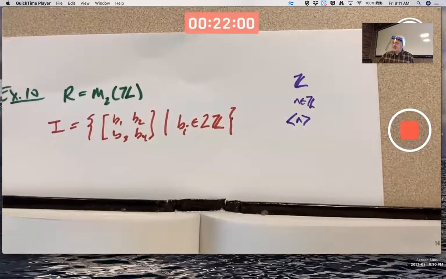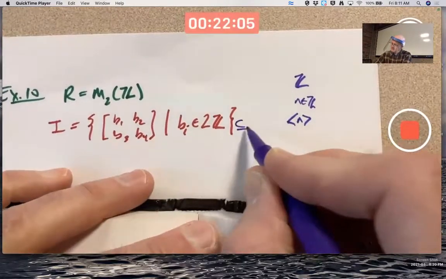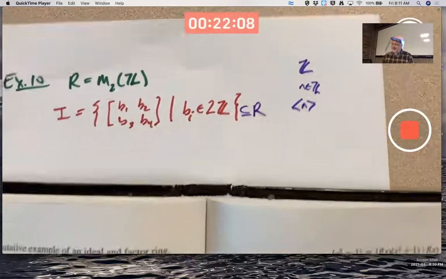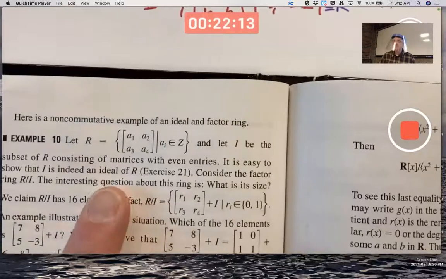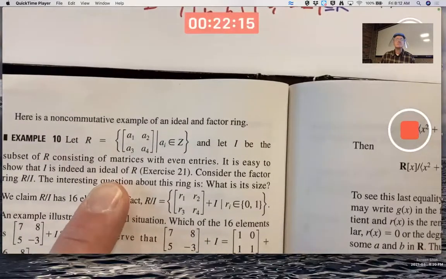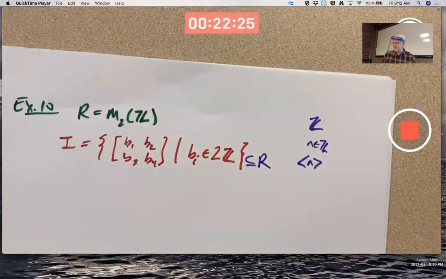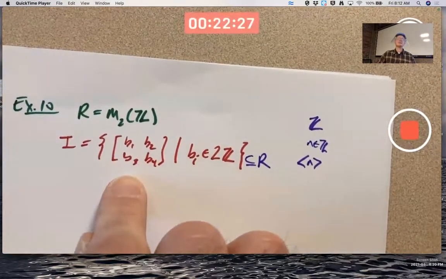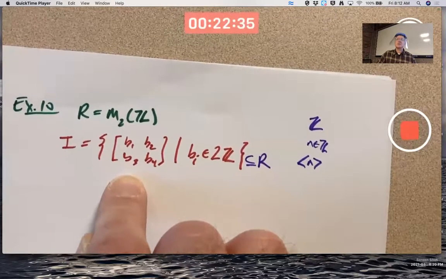So initially, this is just a subset of R. But the claim in example 10 is that it's an ideal. It's pretty easy to prove. Let's just think about it. I won't even write anything down. Is it closed under subtraction? You subtract two matrices of this form, all of whose entries are even numbers, and you're going to get a matrix whose entries are even numbers, right?